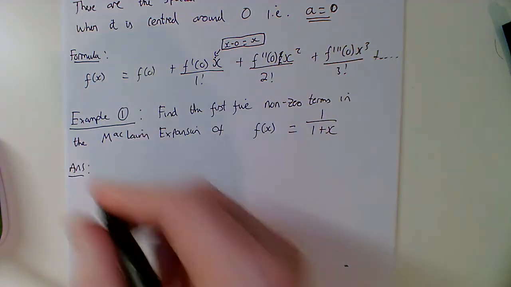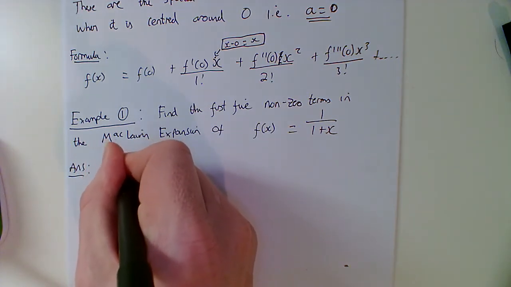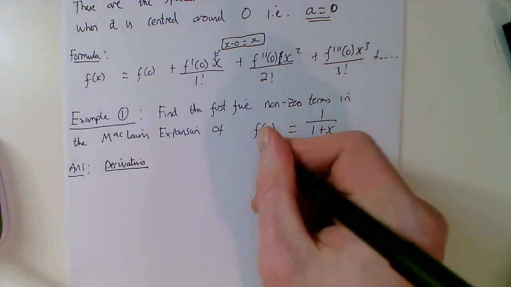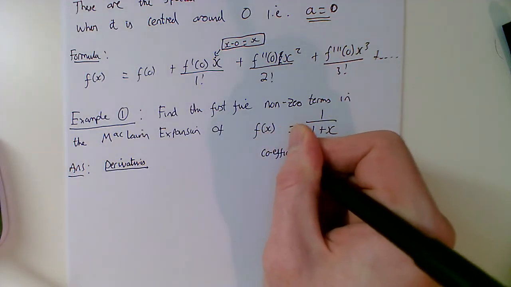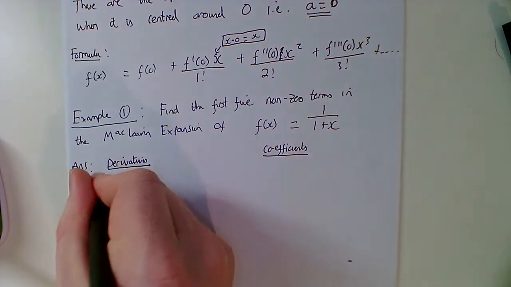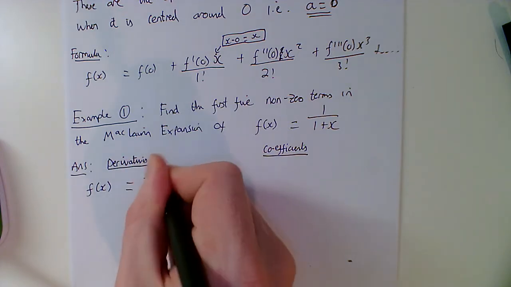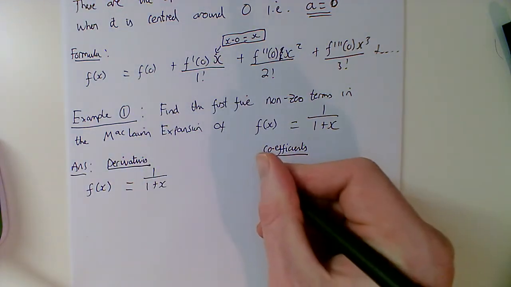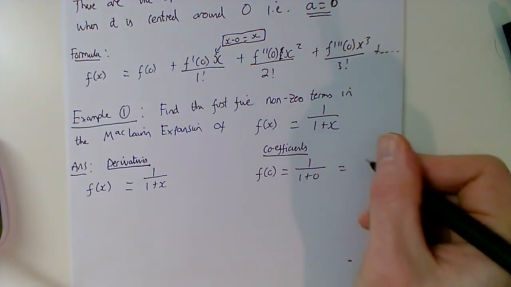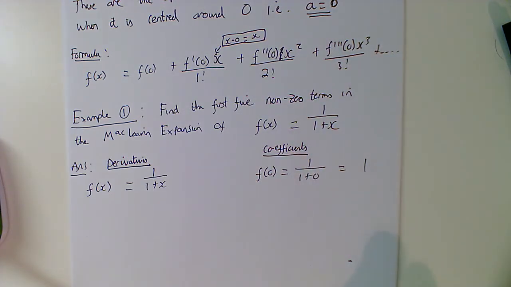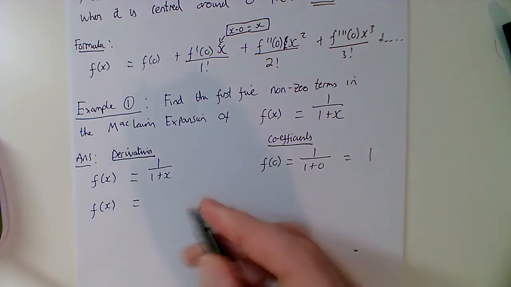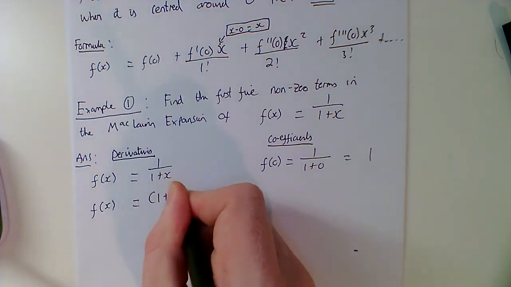Right, so as usual with a Taylor and Maclaurin series, you need to calculate your derivatives and you need to calculate your coefficients. So f of x we start off with is 1 over 1 plus x, so that means that f of 0 is 1 over 1 plus 0, which is just 1. Okay, now I can't differentiate something that looks like that yet. I've got to make it 1 plus x to the power of negative 1.